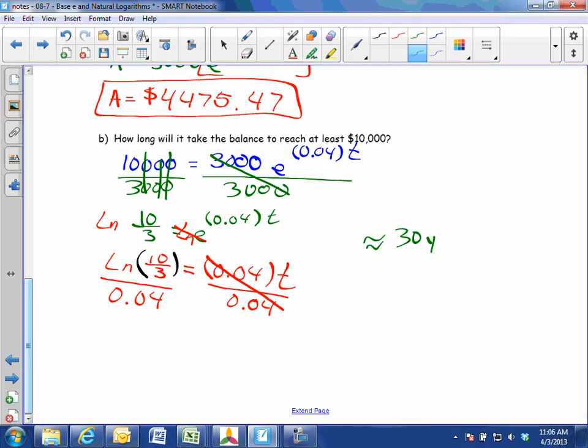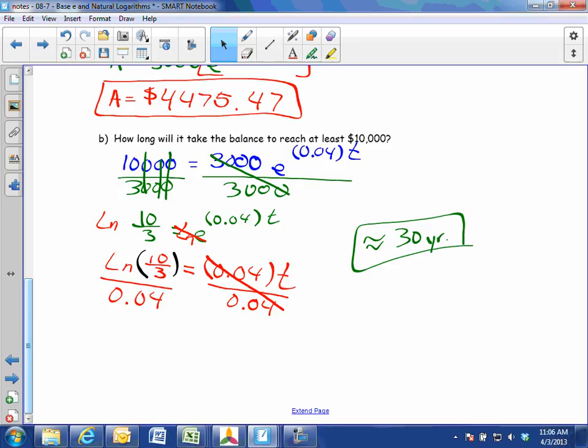About 30 years. As long as the interest rate stays the same. So, it would fluctuate. Alright.